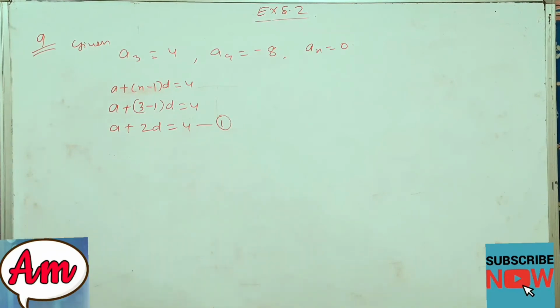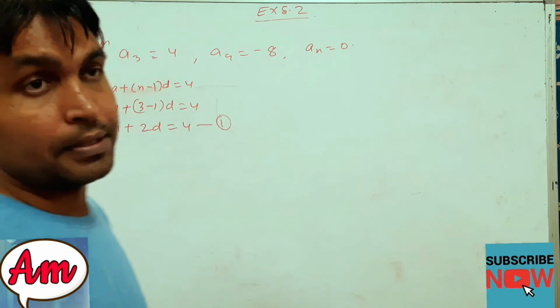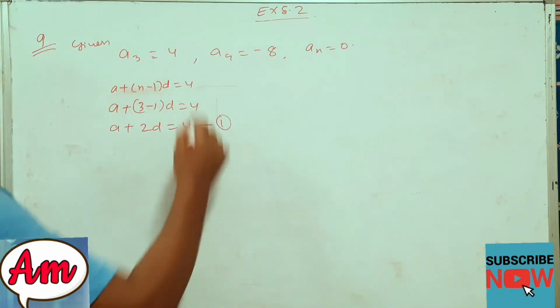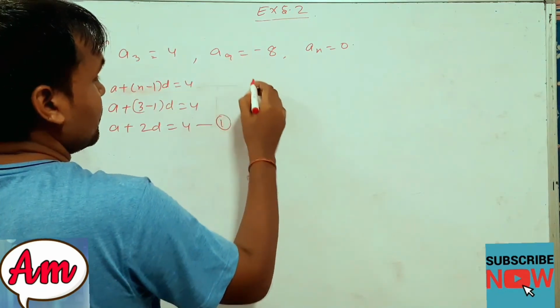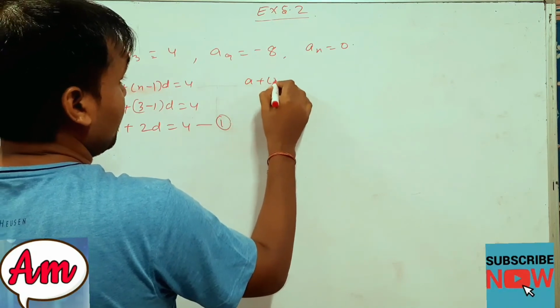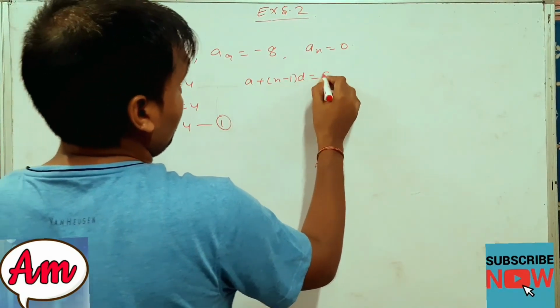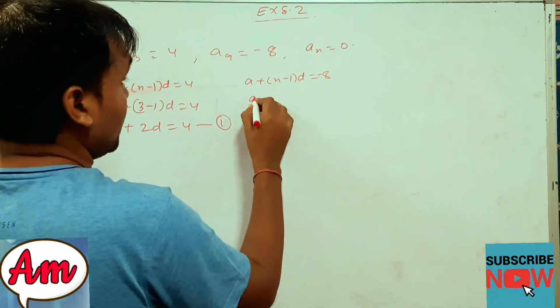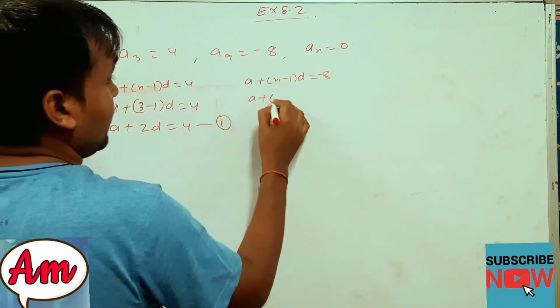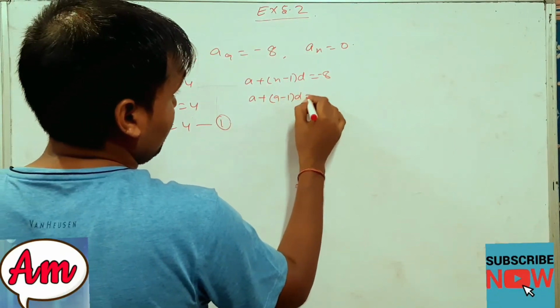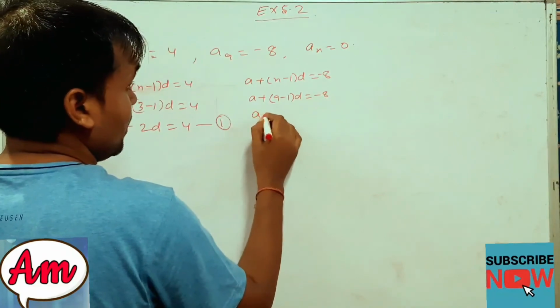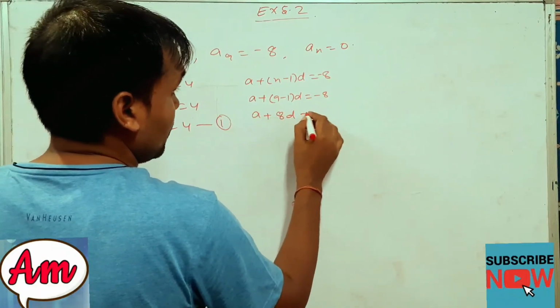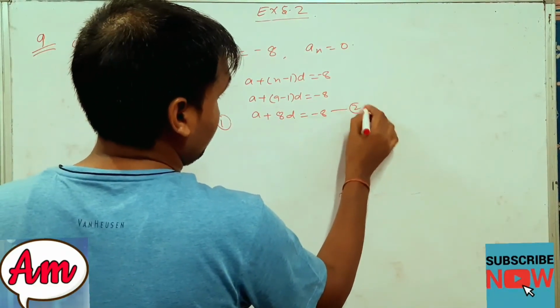Because we don't have the values of a and d, and without them you cannot find anything. For the ninth term, a plus (9 minus 1) into d equals minus 8, so a plus 8d equals minus 8, equation number 2.